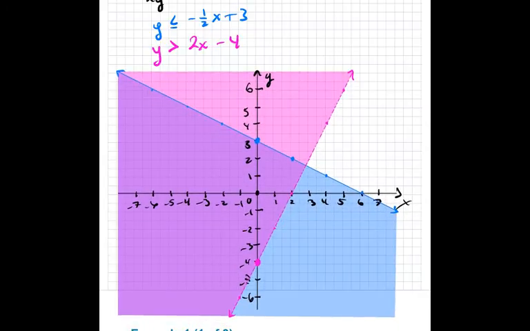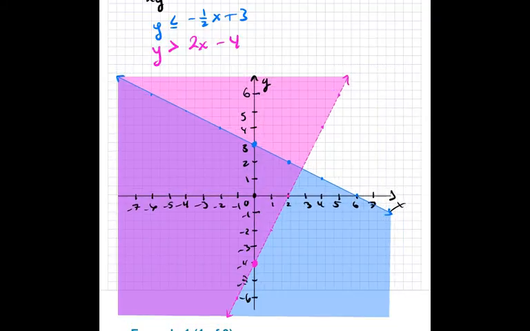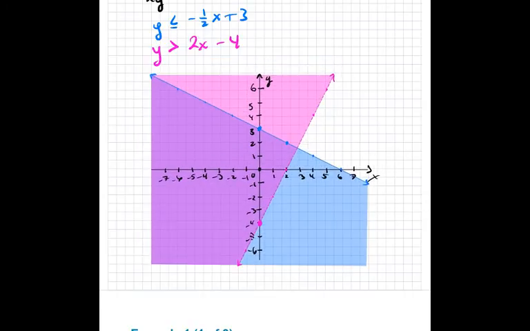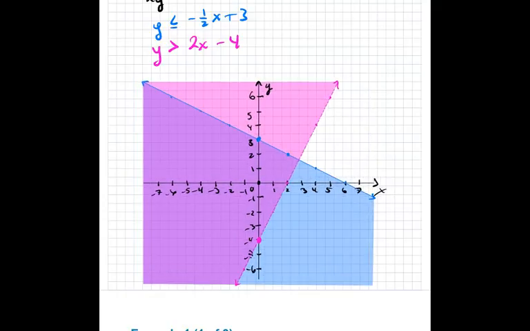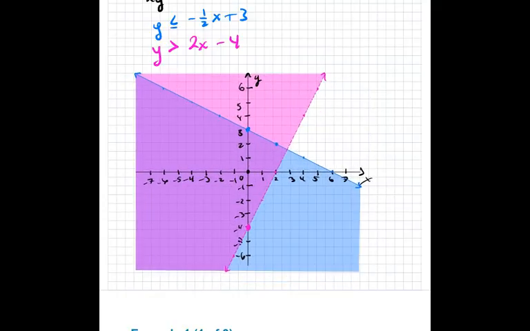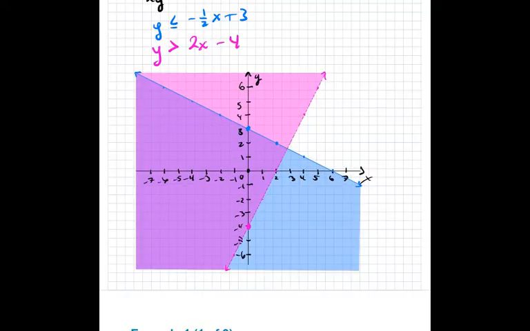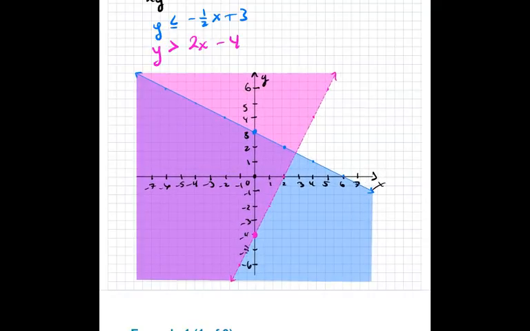Let's go here. Okay, well, we're essentially done after this. It's not very long. So for instance, we're saying that anything in the purple region is going to be a solution. So we can choose any point in the purple.